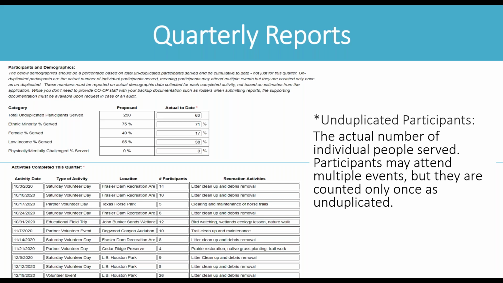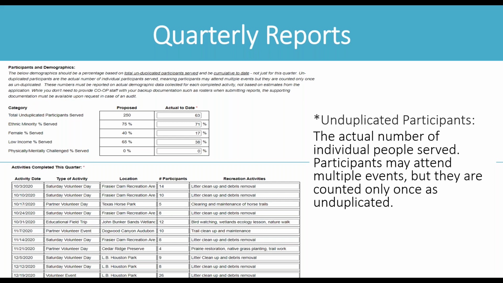You'll list the date, the type of the activity, whether it was a volunteer day or a summer camp or after school program, the location, the number of participants served, and then what type of activities you provided. If you've received a co-op grant in the past, this section actually replaces the former Excel activity spreadsheet that was uploaded with quarterly reports.